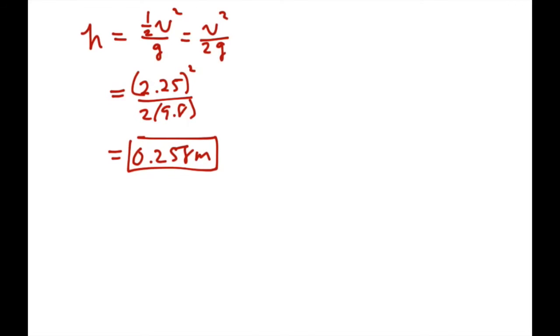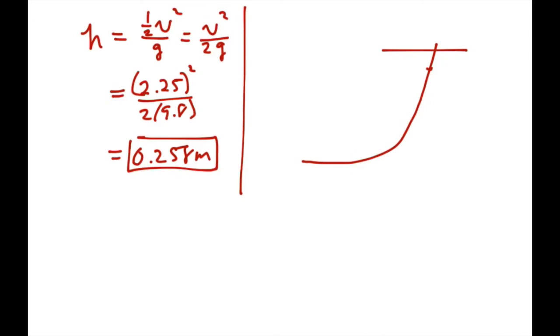So the final height of these two masses stuck together is 0.258 meters, or 25.8 centimeters. The fact that the track is curved is not going to matter. Even if it curves back this way, we're just going to go to this height, and that is our pure height above the ground.